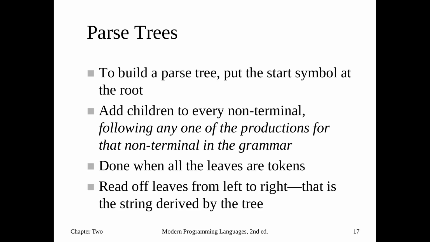We do that by consistently adding children to every non-terminal, following any one of the productions for the non-terminal in the grammar, and we're done once we have reached all the leaves, when all the leaves are tokens, right? So that's how we get there.